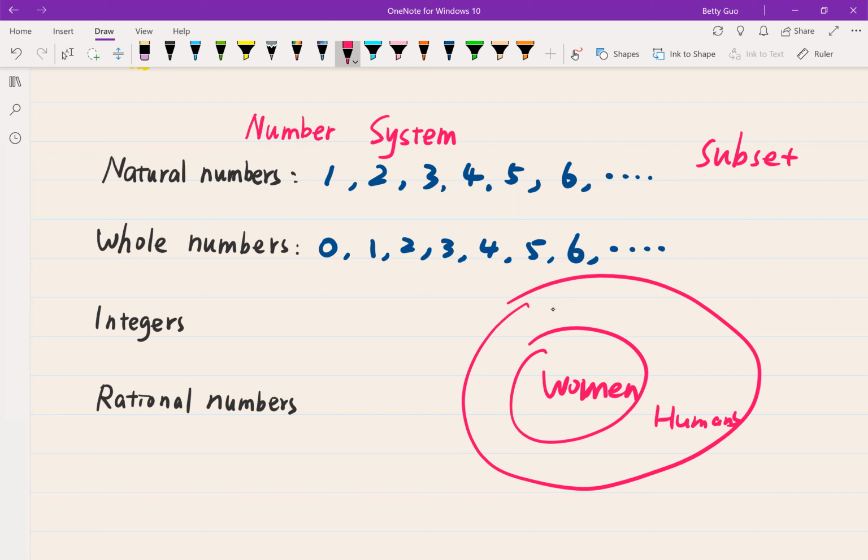All the females are human beings, but a human being might not necessarily be a female. So the set of females is a subset of the set of human beings. The same with these two sets. Natural number set is a subset of the whole number set.